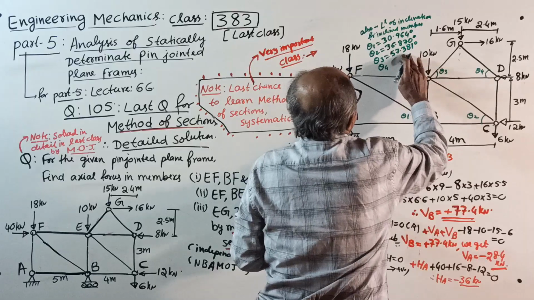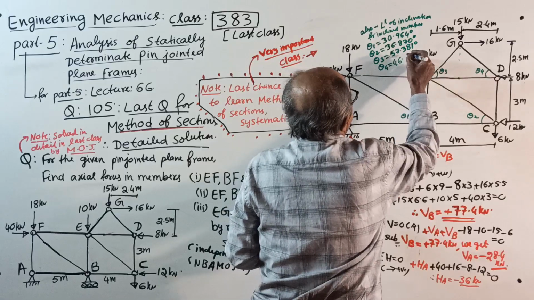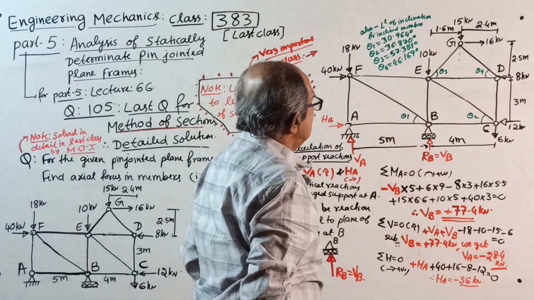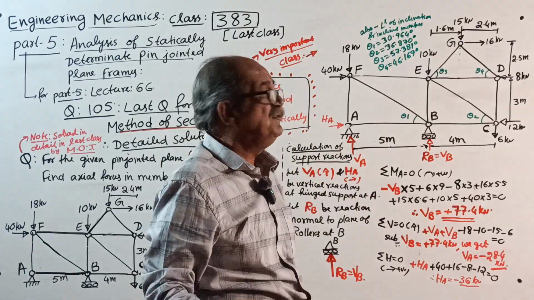Not visible? Okay, theta 4 is 46.169 degrees. These values you require. I wrote it small; zoom a little, or see it in the laptop.